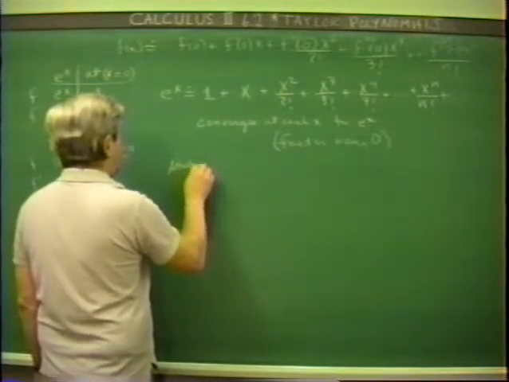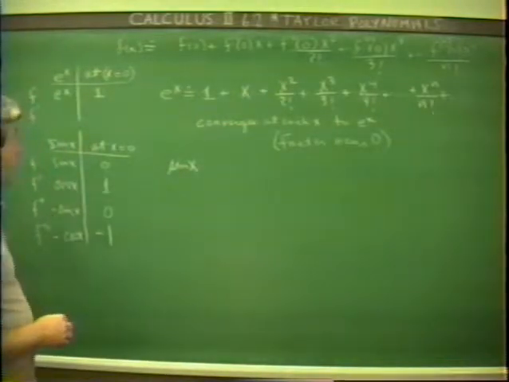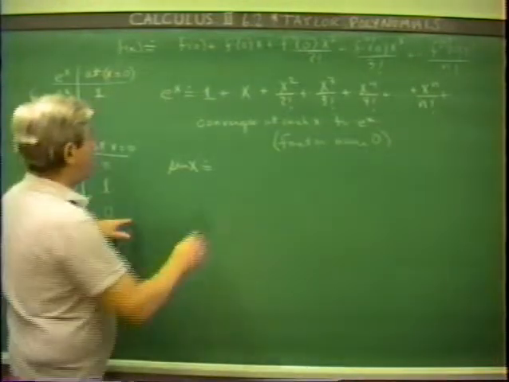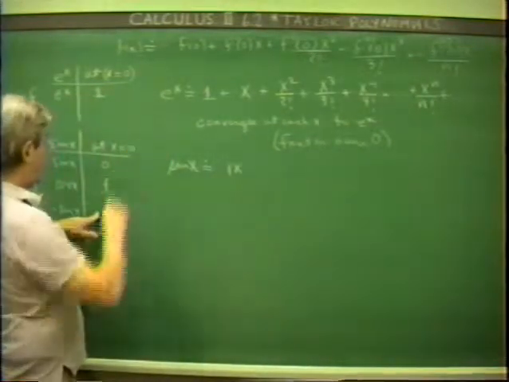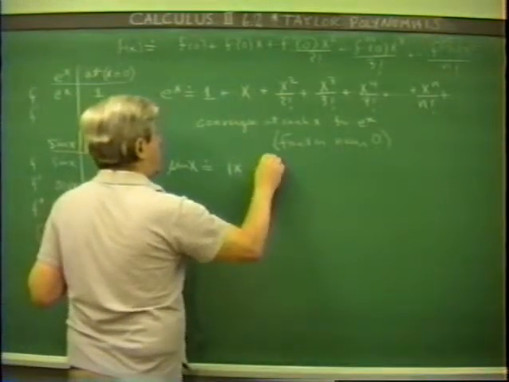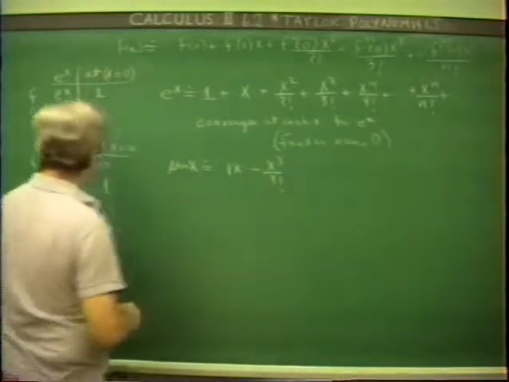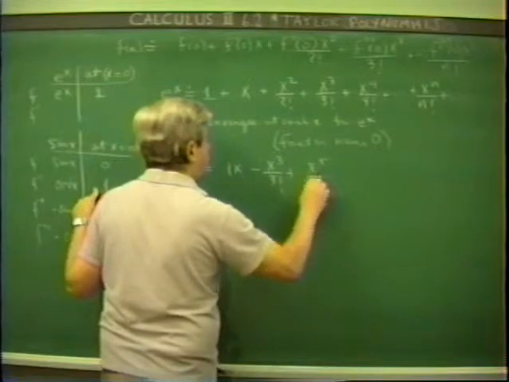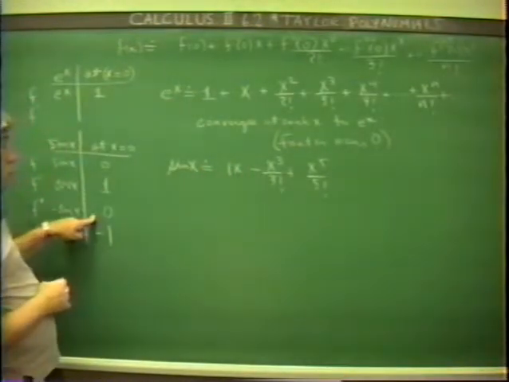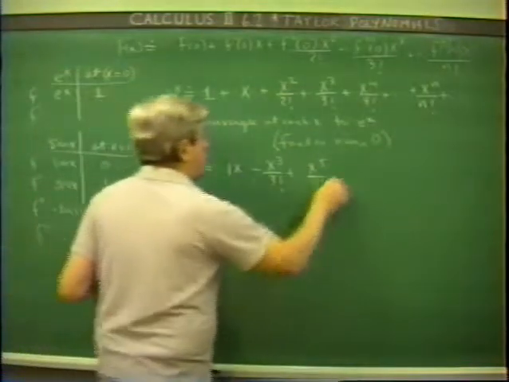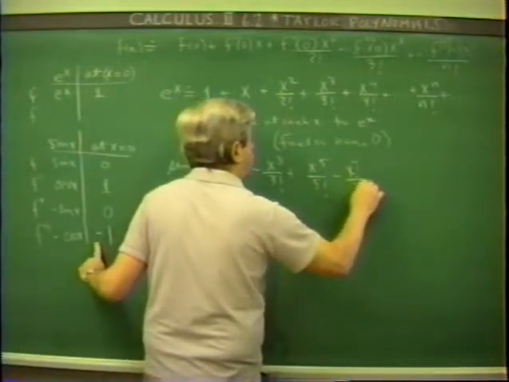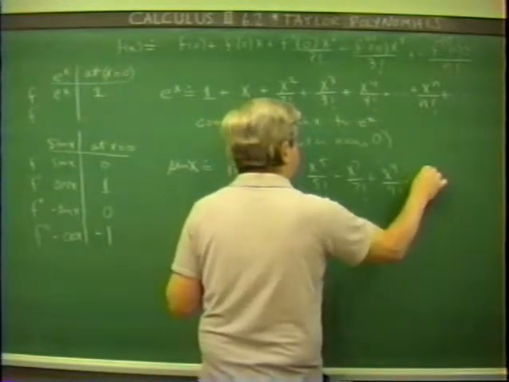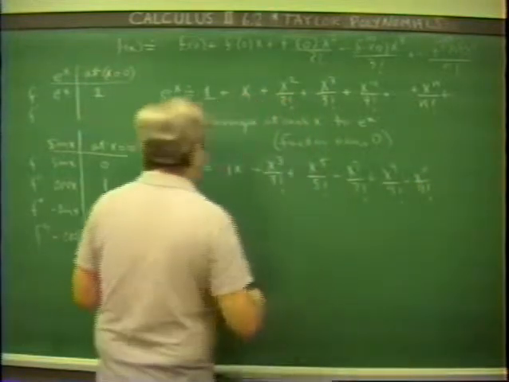So we get that sine x is approximately equal to what? At 0, we have 0 plus 1 times x plus 0 times x squared over 2 factorial minus 1 times x cubed over 3 factorial plus 0 x to the 4th over 4 factorial plus 1 x to the 5th over 5 factorial plus 0 x to the 6th minus 1 x to the 7th over 7 factorial, and then this continues like this, plus x to the 9th over 9 factorial minus x to the 11th over 11 factorial, and so forth.